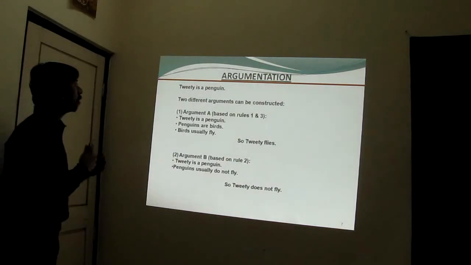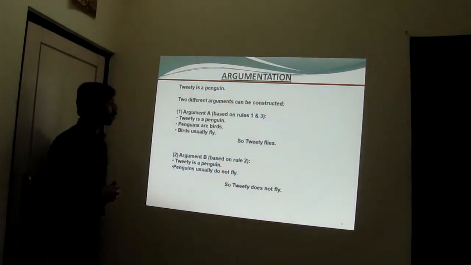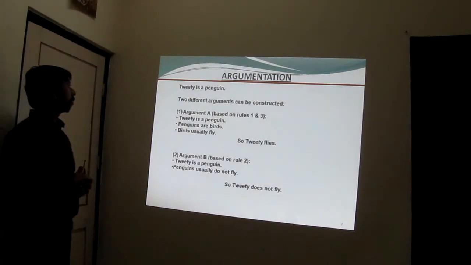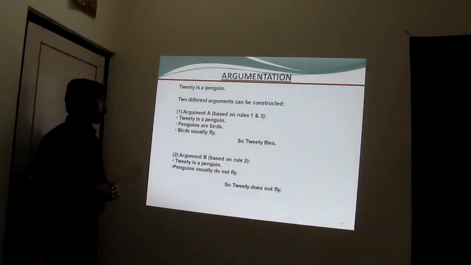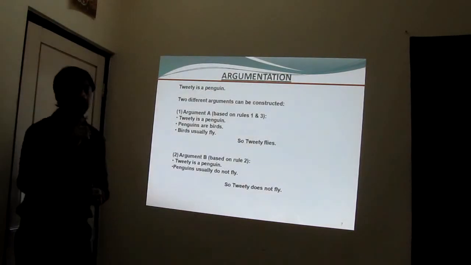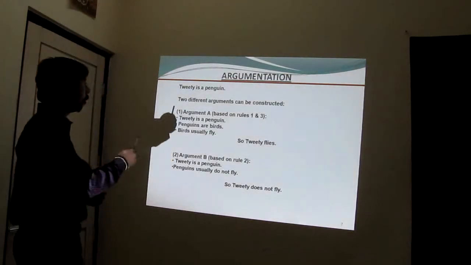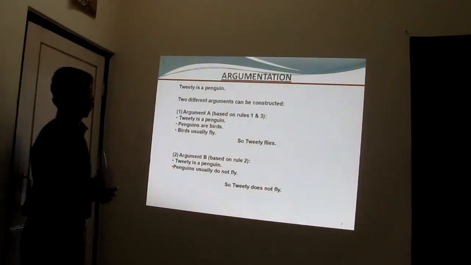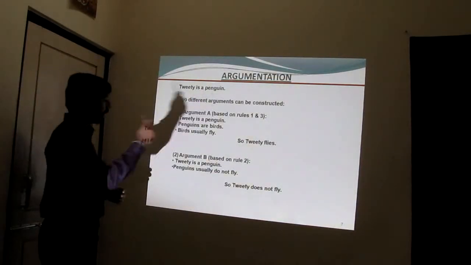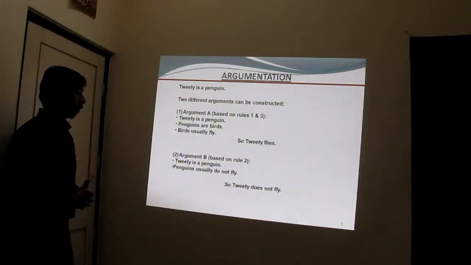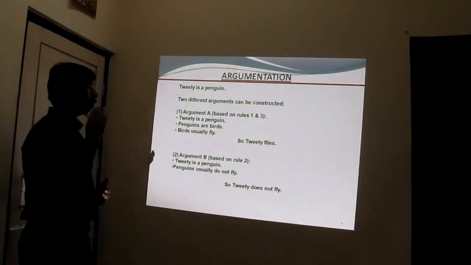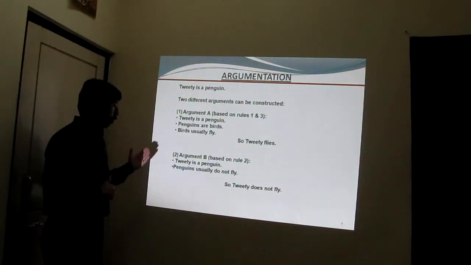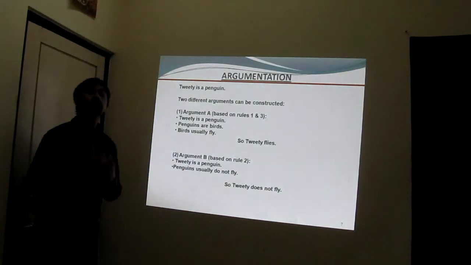So now we have a statement with us: Tweety is a penguin. So now we try to construct arguments from those statements. Argument A, which is based on rules 1 and 3: Tweety is a penguin, penguins are birds, and birds usually fly. So we can conclude that Tweety flies. Argument B, which is based on rule 2: we can obtain Tweety is a penguin, penguins usually do not fly, so Tweety does not fly.